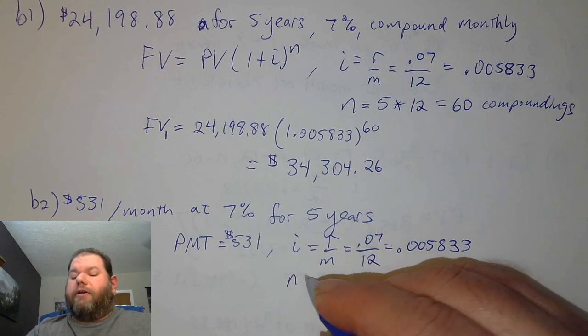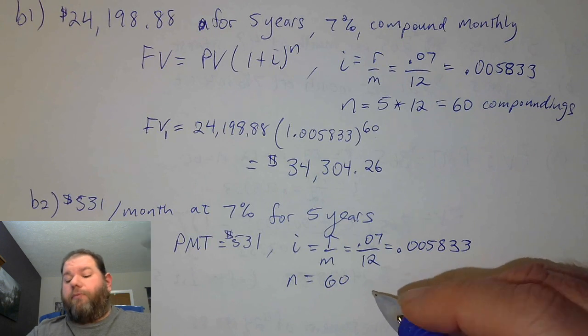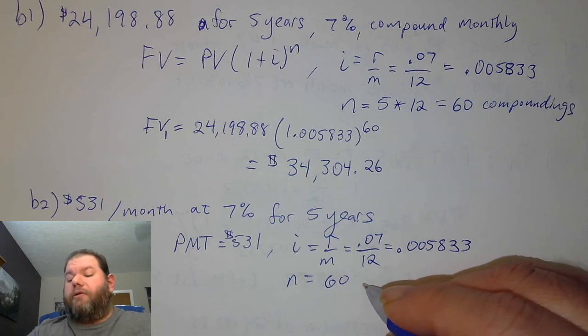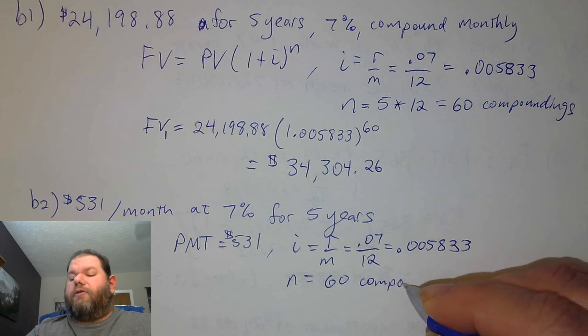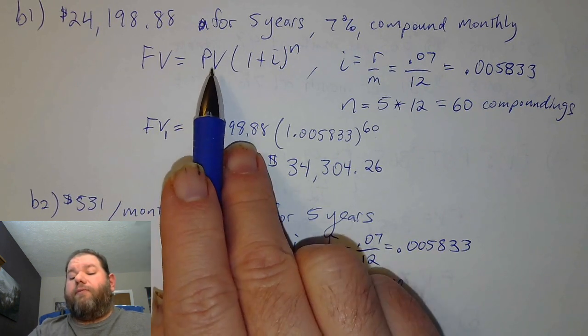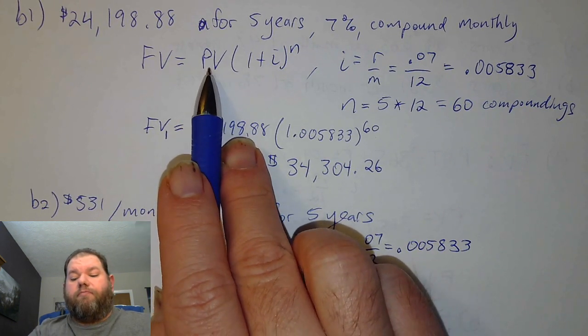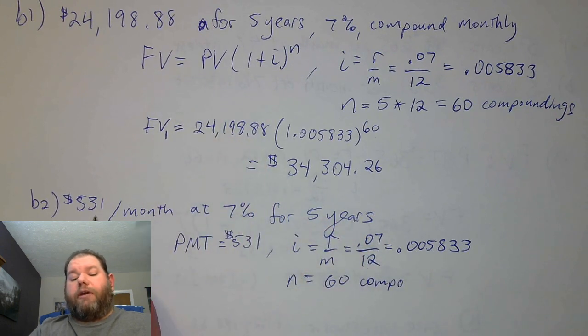So I and n are identical for both parts of the problem. It's just a question of whether we have one initial deposit or we have a deposit every single month. And that's what's going to change the calculation there.